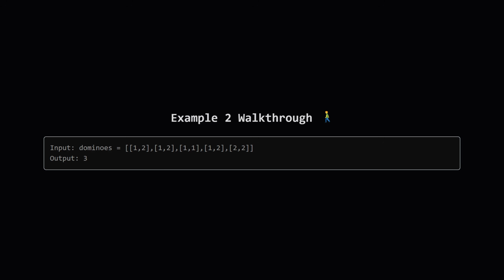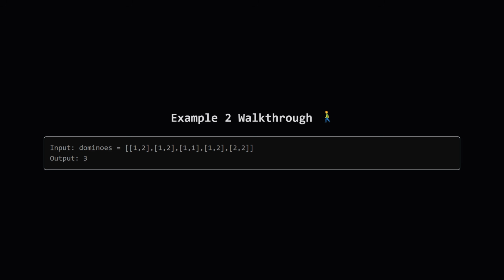Now we look at the 1, 2 at index 0 again. Is it equivalent to the 2, 1 at index 3? Yes. Another 1, 2. That's our second pair. What about the domino at index 1, which is 1, 2? Is it equivalent to the 2, 1 at index 3? Yes, it is. That's our third pair.